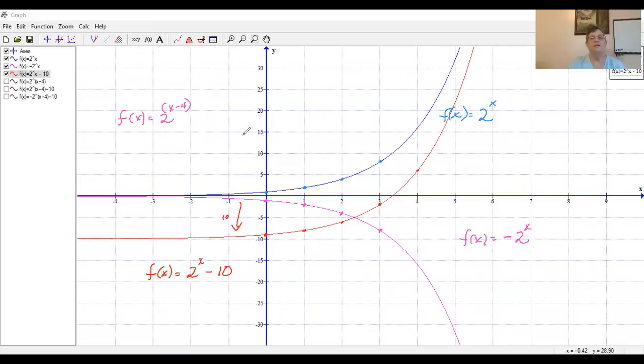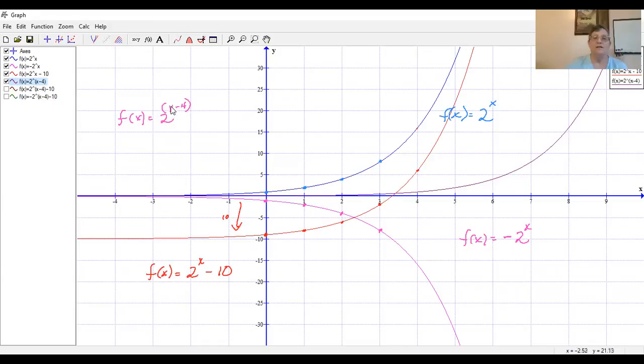So the whole exponent is x minus 4. Now, do you recall what subtracting 4 from the x will do to the whole graph? In this case, it moves the entire graph 4 units to the right.